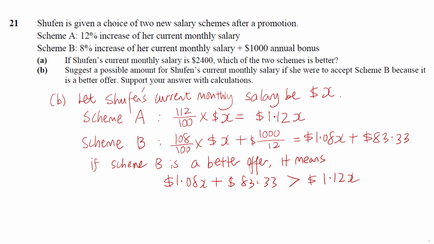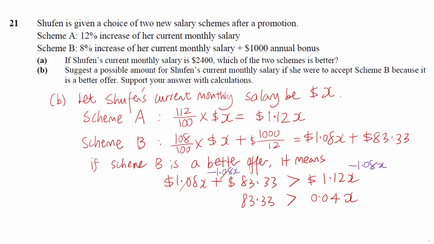First of all, I'm going to minus 1.08x on both sides, so that this and this can go off, leaving only 83.33. And 1.12 minus 1.08 will give you 0.04x.